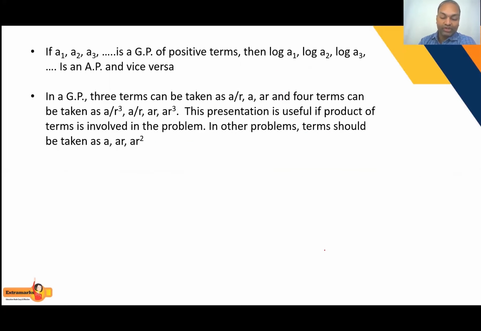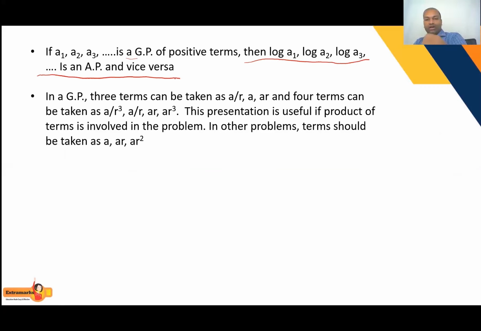See, one more important property. If A1, A2, A3 and so on is a GP of positive terms, then log of these values, log A1, log A2, log A3 and so on, is in AP. Why? Observe this simple example.